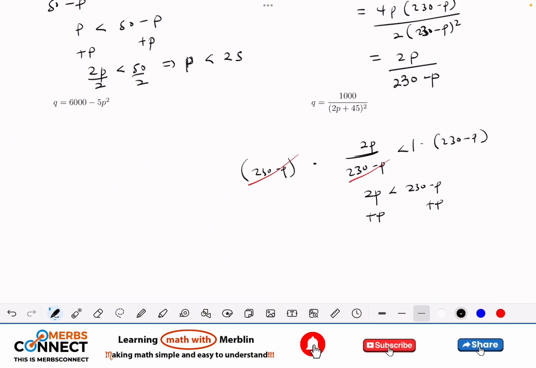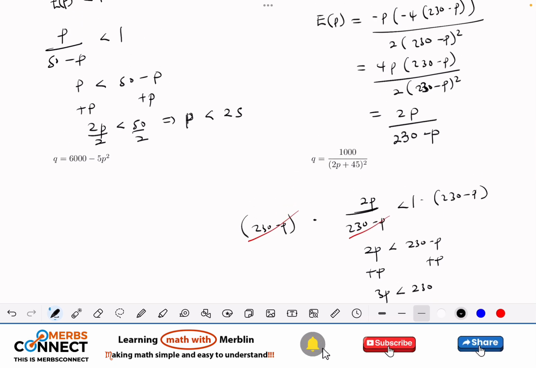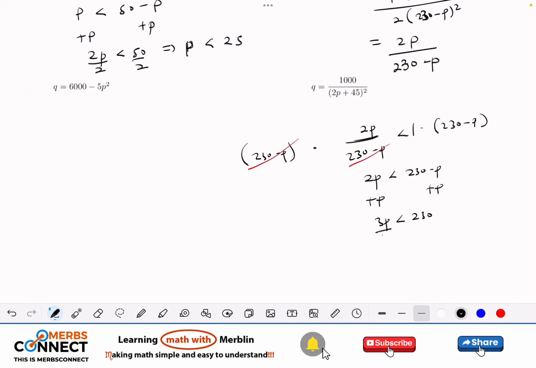This is going to give us 3P less than 230. Then I divide through by 3, and I'm going to have P less than 230 divided by 3. So that will be my final result there.